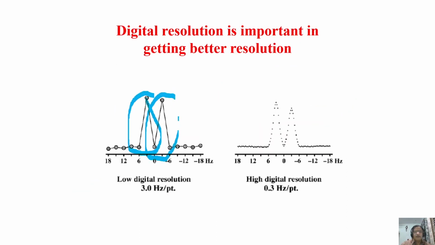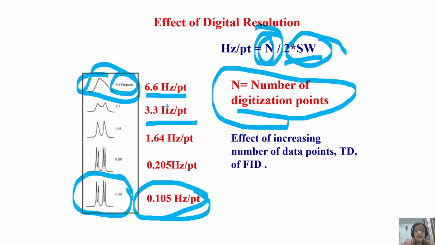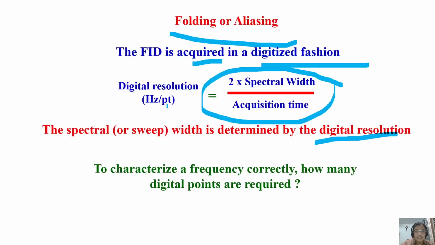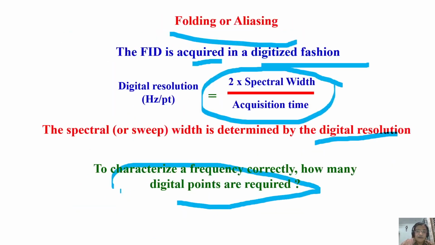But still, you are able to identify 2 peaks here. Here, you have more digital points. That is better. Supposing I had missed this peak, what would have happened? You would not have seen the doublet. Correct.